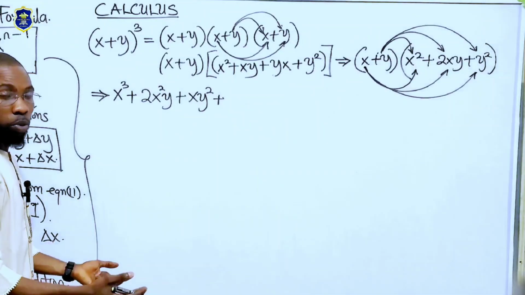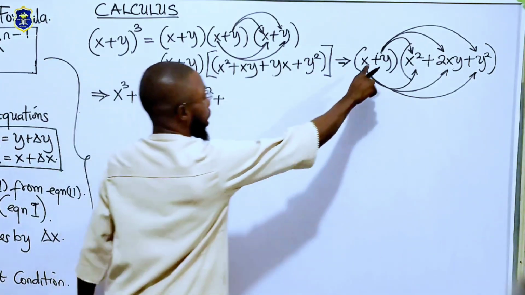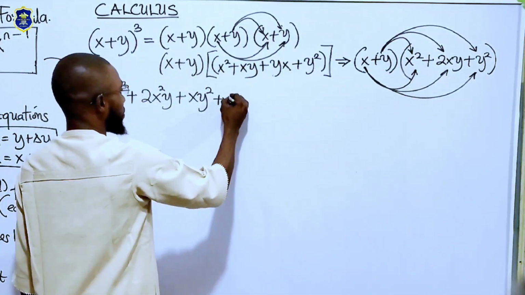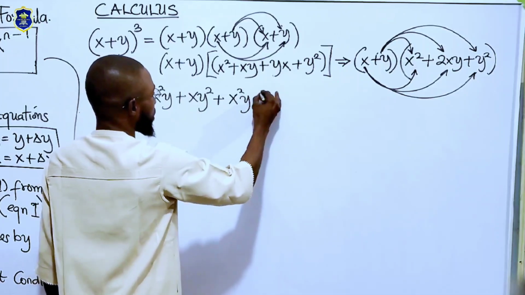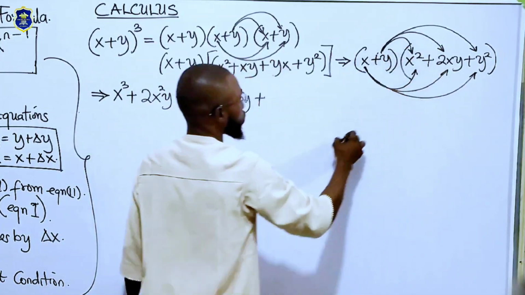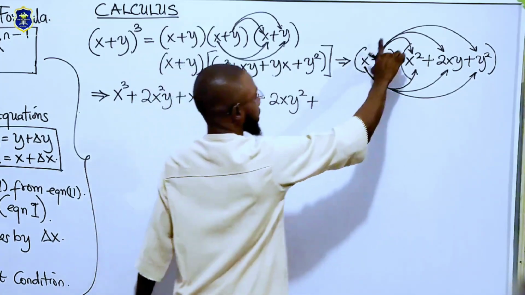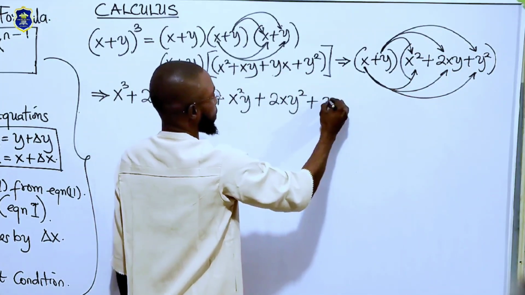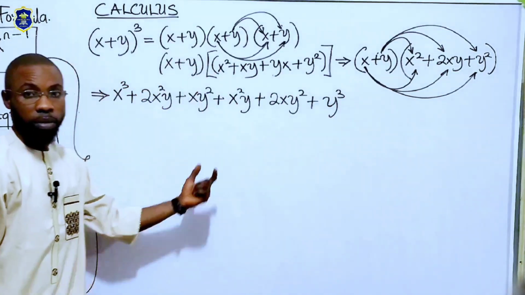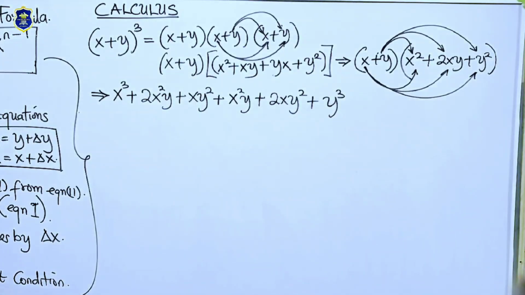That's for x multiples. Let's look at y multiples. Y times x squared, we have x squared y, and then plus y times 2xy, we have 2x y squared, and then y times y squared, we have y cubed, right? That's that for that. So let's try and collect like terms.